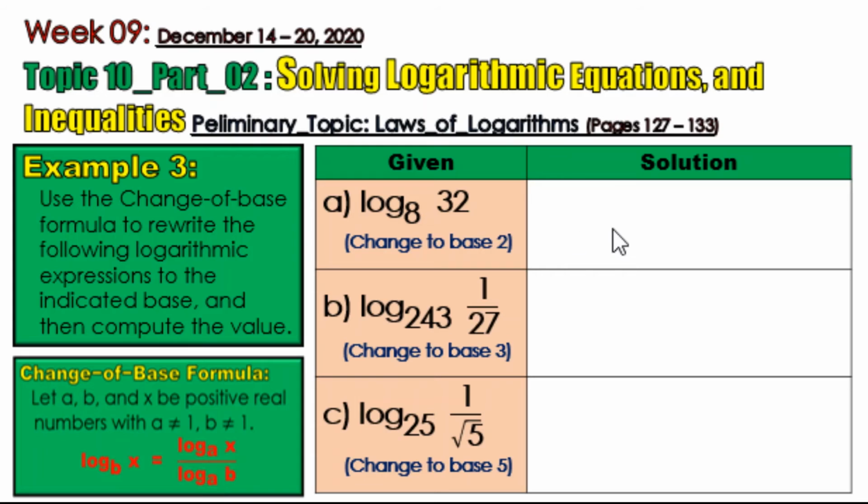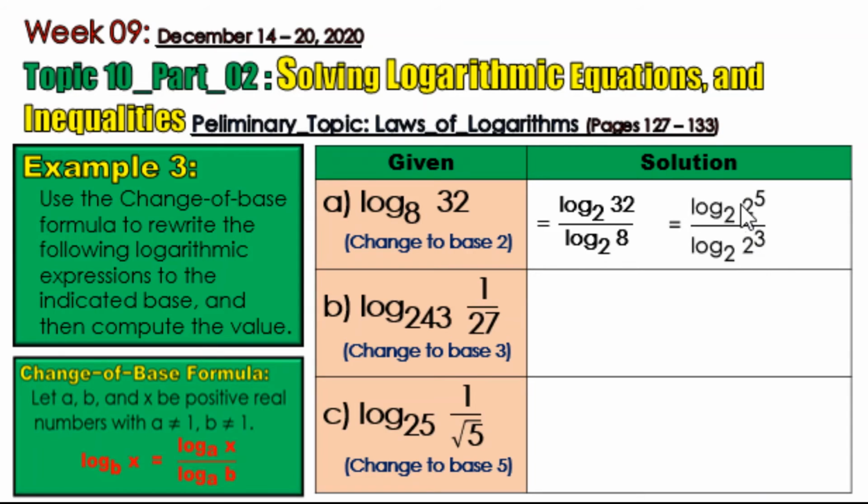So this is equal to logarithm of 32 to the base 2, because you are asked to change to base 2, over the logarithm of 8 to the base 2. But you are asked to compute the value. So your 32 can be expressed as 2 raised to 5, and 8 can be expressed as 2 cubed. 2 raised to 5 is 32, and 2 cubed is 8.